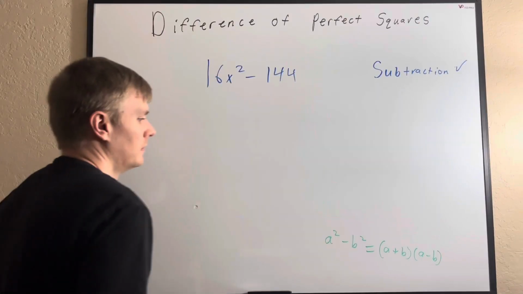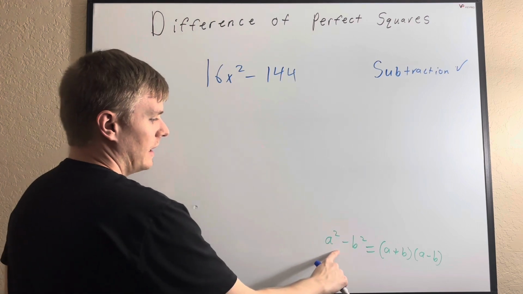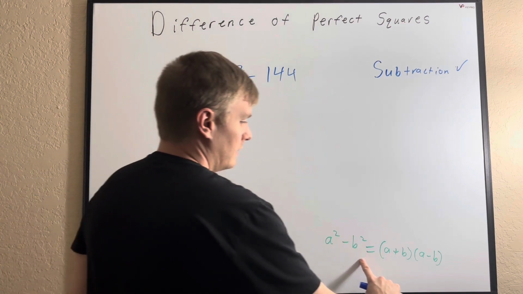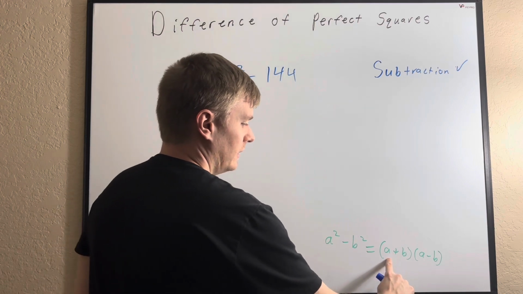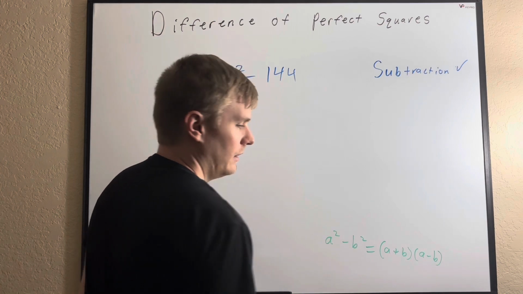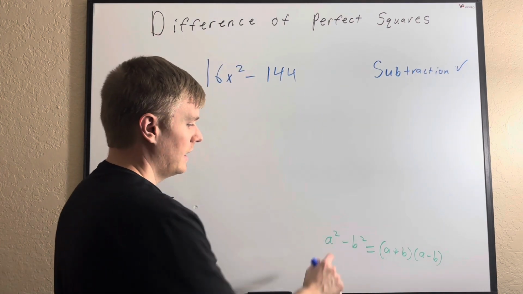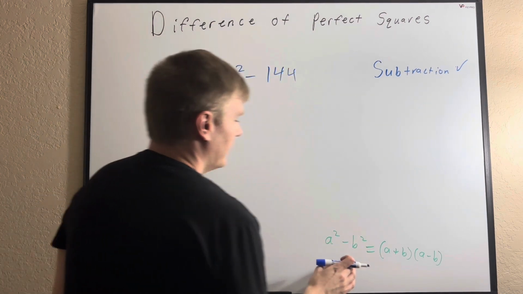So, what do I have this written down here for? Somebody realized that the difference of perfect squares factored out is just a plus b times a minus b quantities. But we got to make sure we use the right a and the right b.